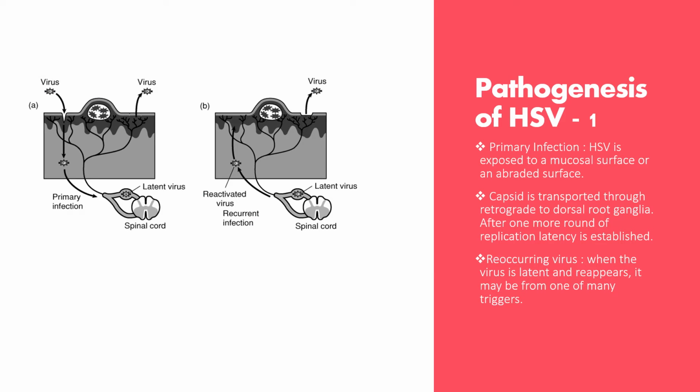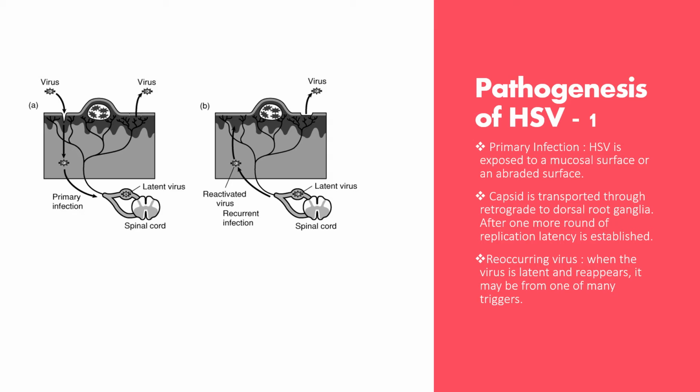Then the pathogenesis. For a primary infection, the very first time someone is infected with the virus, they are exposed through a mucosal surface or an abraded surface. So anywhere that you typically get mucus, or if you have a cut or a scratch in your skin, that's a perfect area for the herpes simplex virus to enter. But you have to be in contact with the virus to get it.